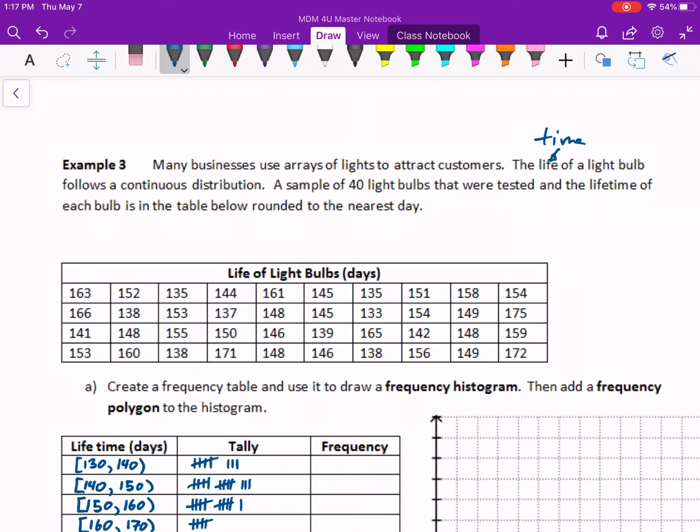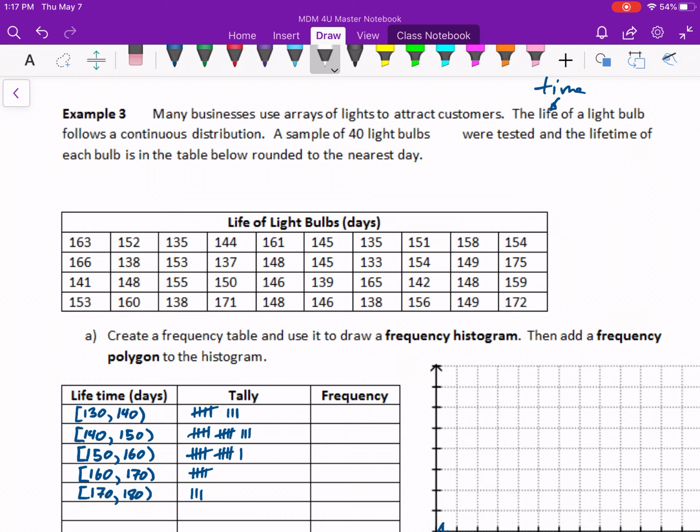A sample of 40 light bulbs were tested, and the lifetime of each bulb is in the table below, rounded to the nearest day.